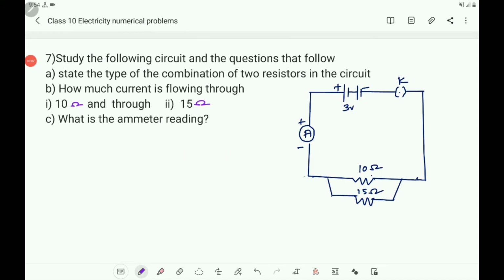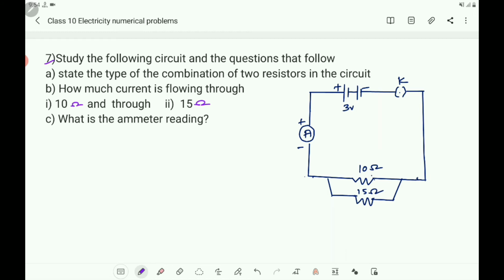Now you take the 7th question. Study the following circuit and the questions that follow. The sub questions are: A, state the type of combination of two resistors in the circuit. B, how much current is flowing through 10 ohm and through 15 ohm. And C, what is the ammeter reading?